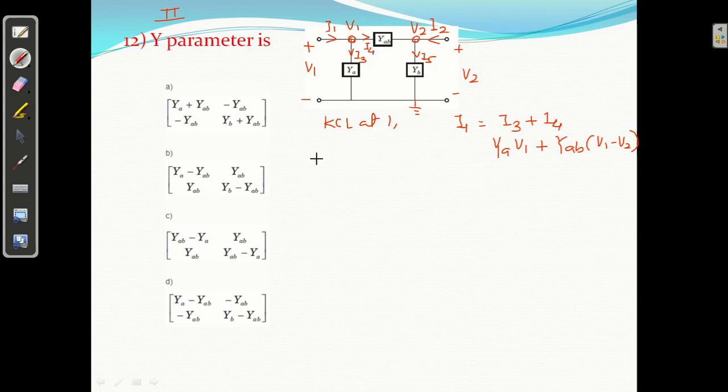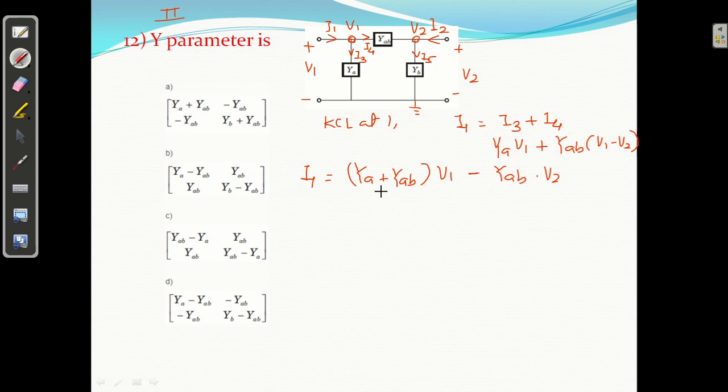So I1 equals YA plus YAB into V1 minus YAB into V2.